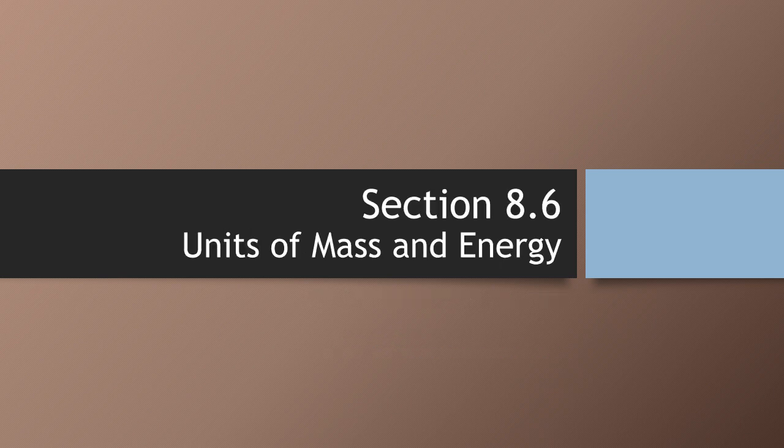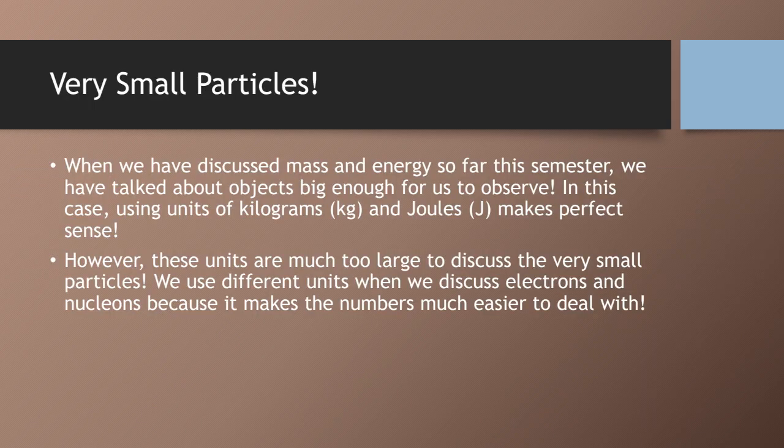In this first section, we're going to talk about different units of mass and energy. Everything we've discussed so far has been talking about mass in terms of kilograms and energy in terms of joules, because we've been dealing with large-scale things that you can see. Those objects have masses around a few kilograms and energies around a few joules.